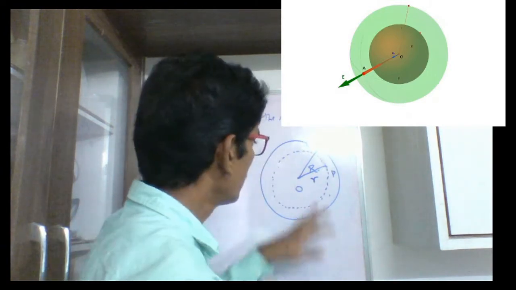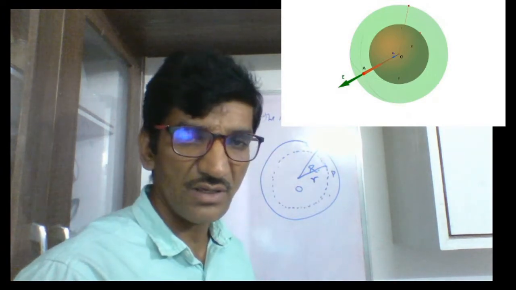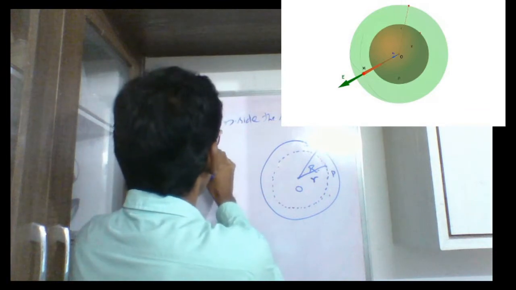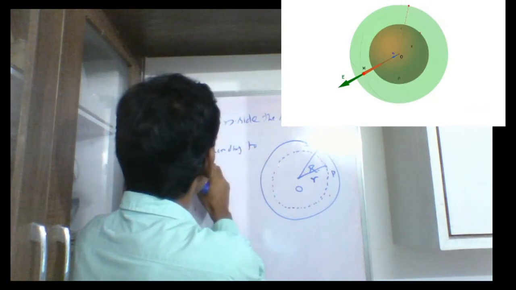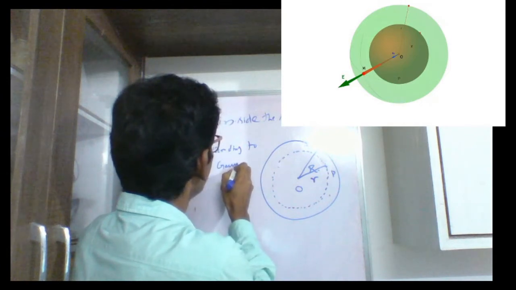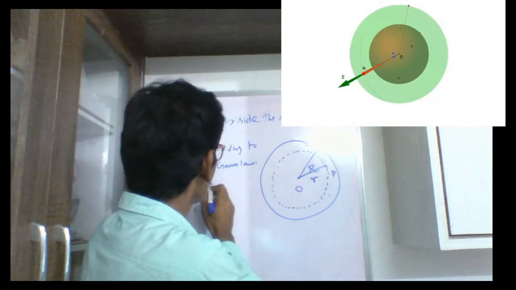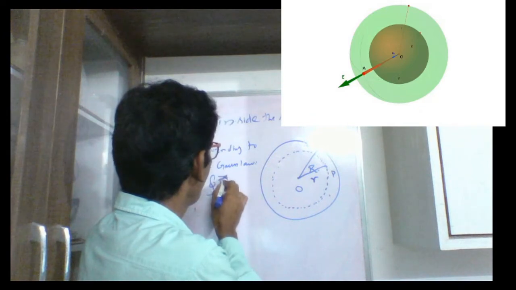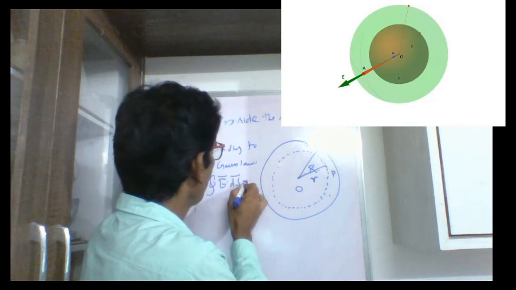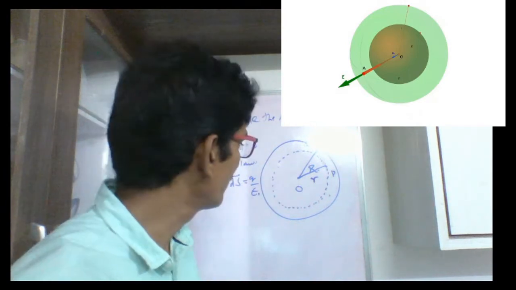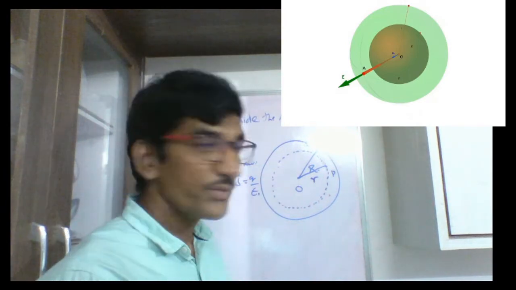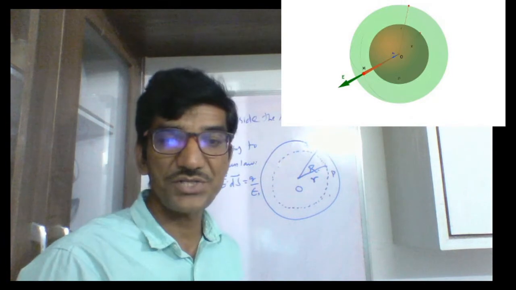Now you have to apply the Gauss law. According to Gauss law, integral E dot ds is equal to q by epsilon naught. On this side you have to change q. Why?